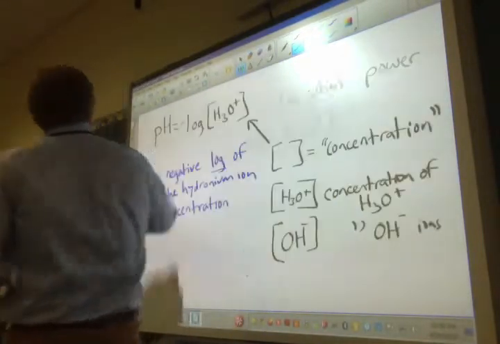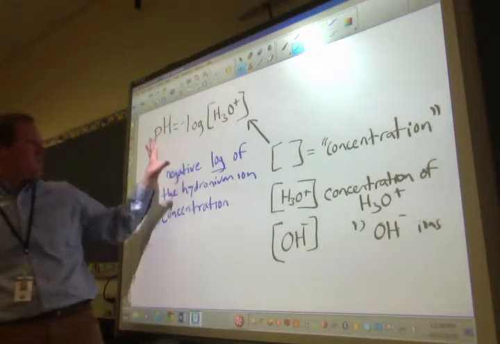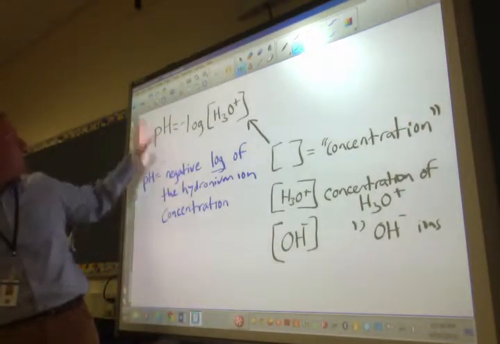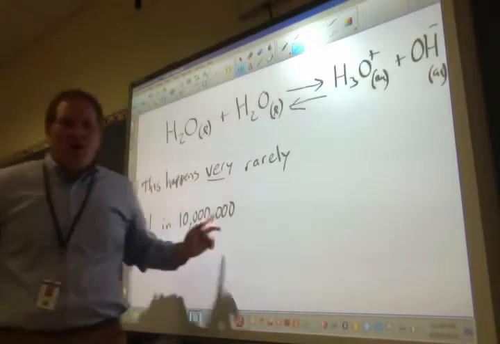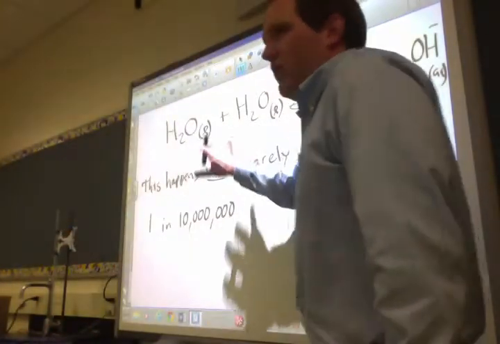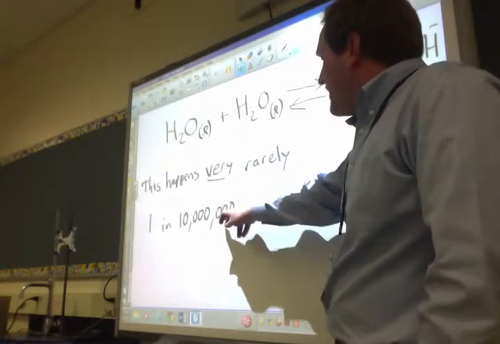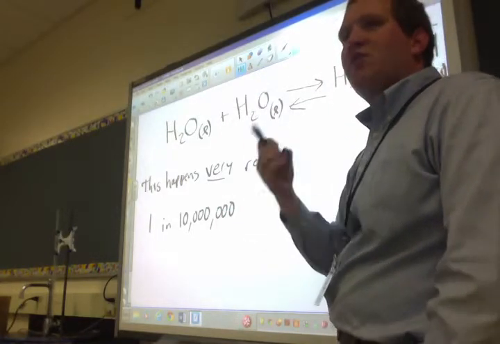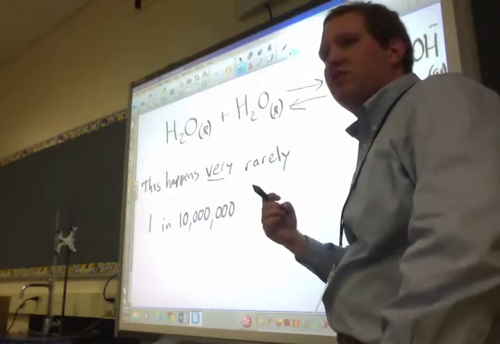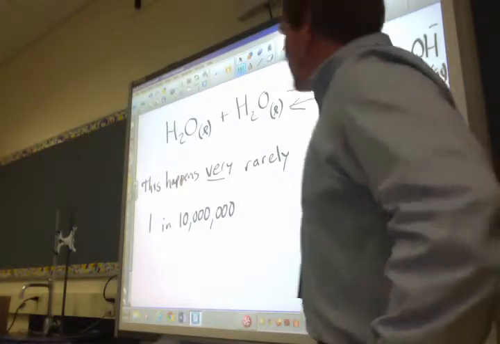Let's revisit this example here. So for neutral water, this happens very rarely. 1 in 10 million water molecules happen to be a hydronium. Yes? Can you explain what the product means? This? Yeah.